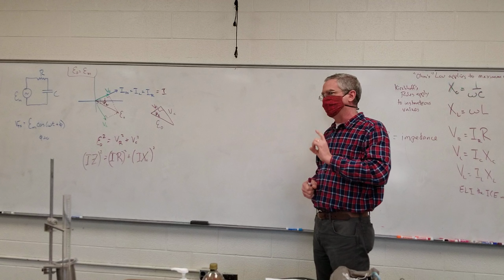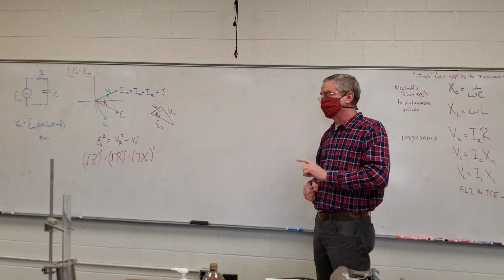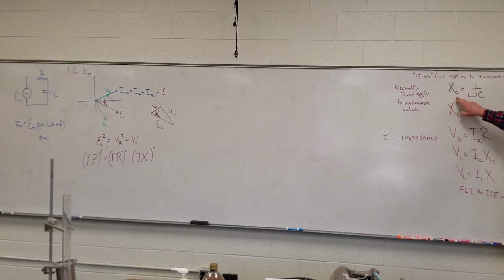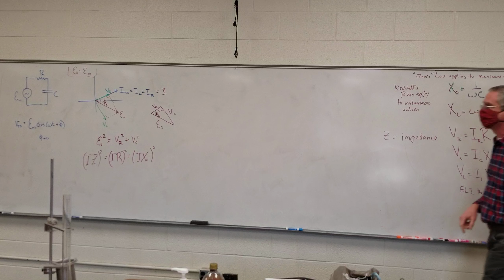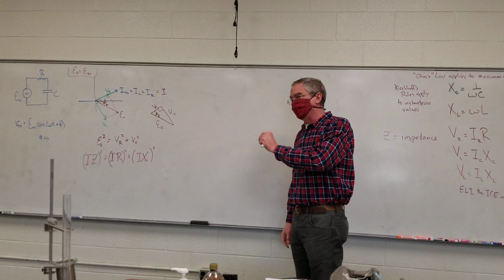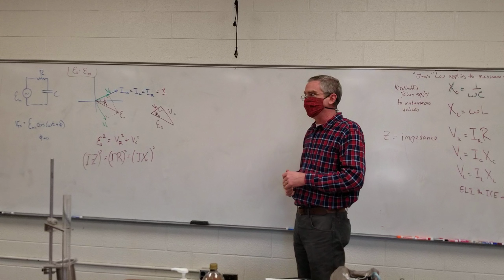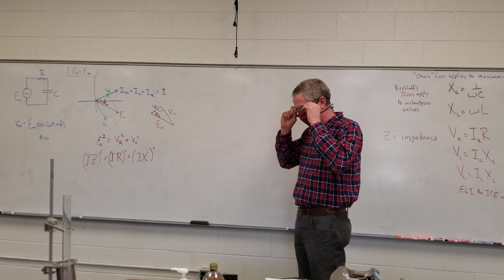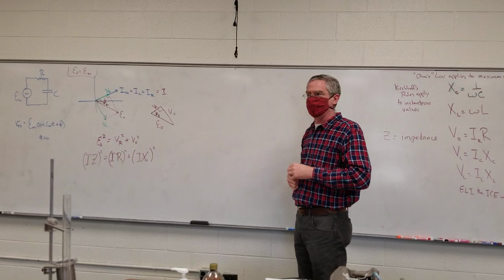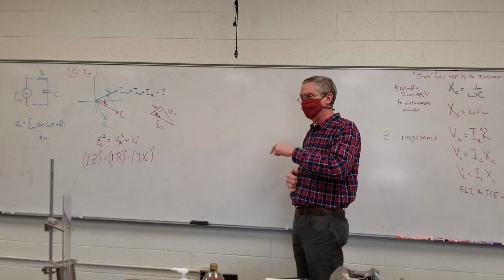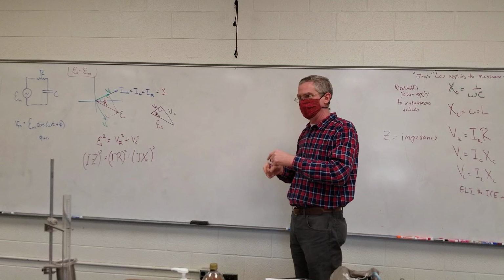That is a formula for impedance. It is not the formula for impedance. This is the formula for capacitive reactance. This is the formula for inductive reactance. This is Ohm's law. But the formula for impedance is specific to a setup. So on a quiz or test, if you see that formula, do not automatically apply it. First ask yourself, is this the formula for this situation?